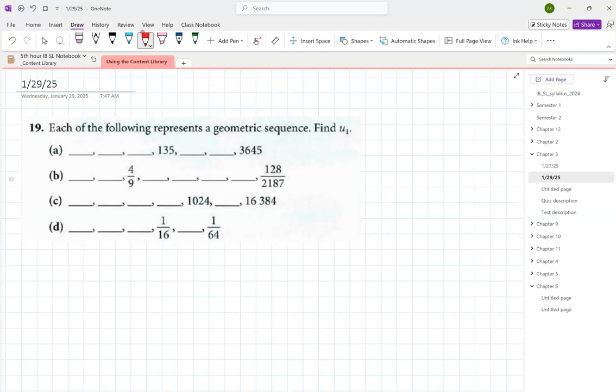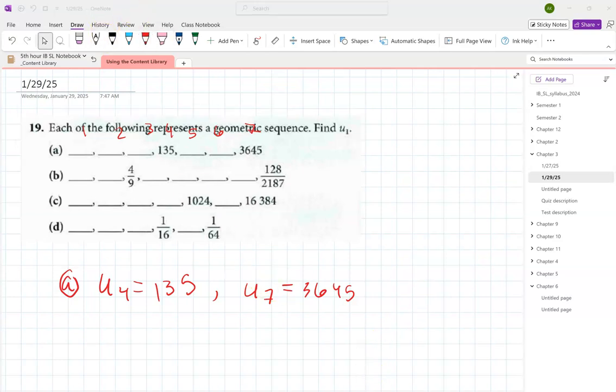So the easiest way to think about this, if I'm just doing A, I have the fourth term is 135 and the seventh term is 3645. And we're told this is geometric.